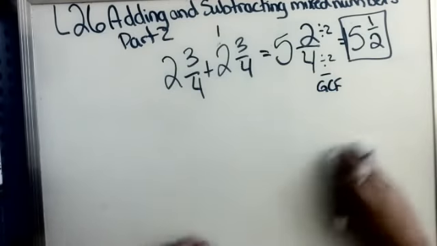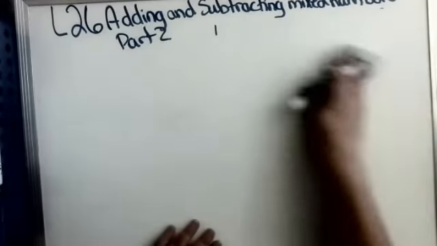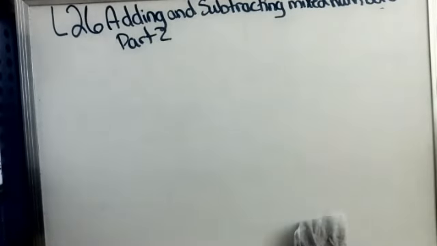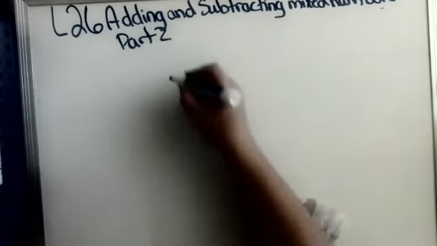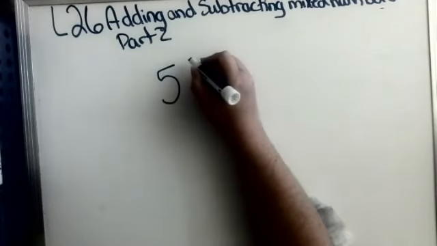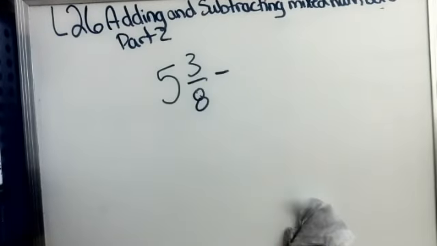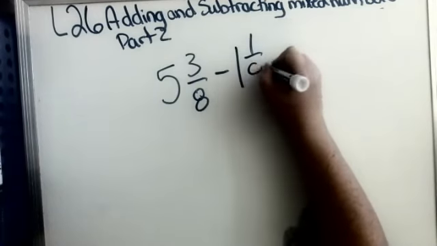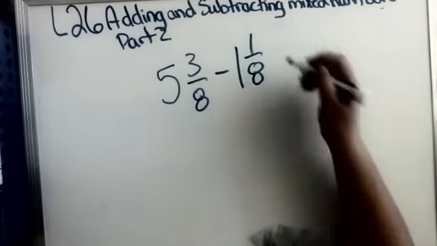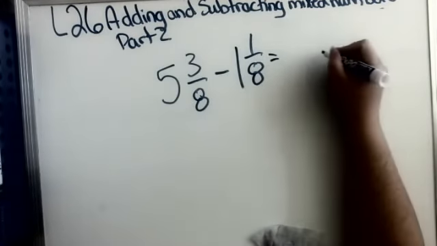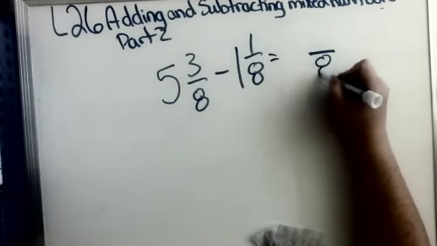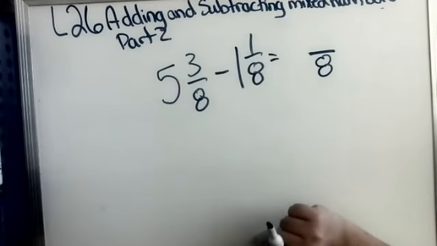Now let's do some subtraction. If you're subtracting mixed numbers, let's start with 5 and 3/8, subtract 1 and 1/8. Again, I'm going to start with my fractions, and just like normal, my denominator slides right on over there.